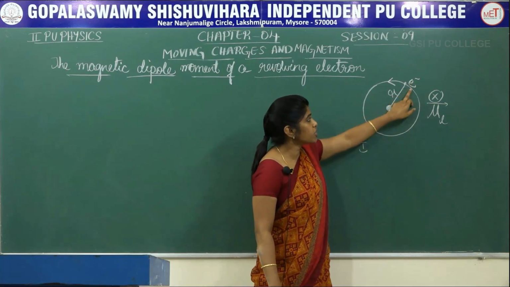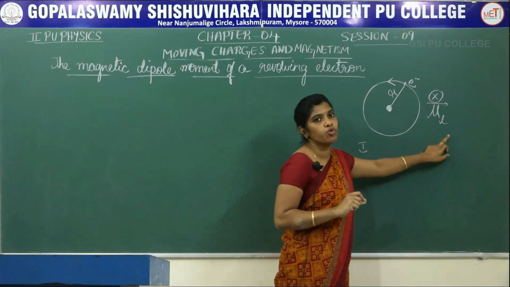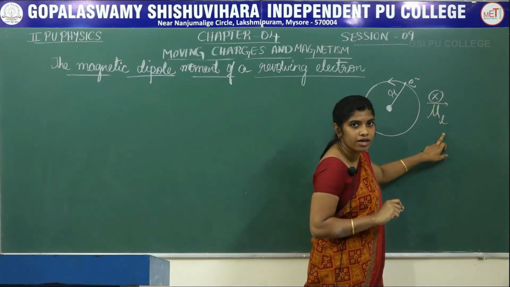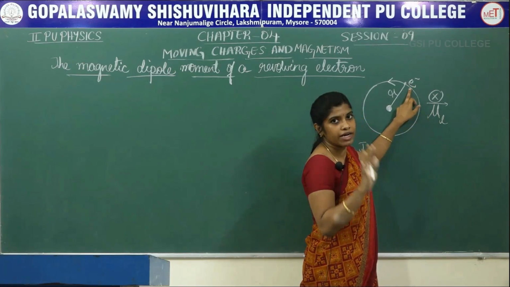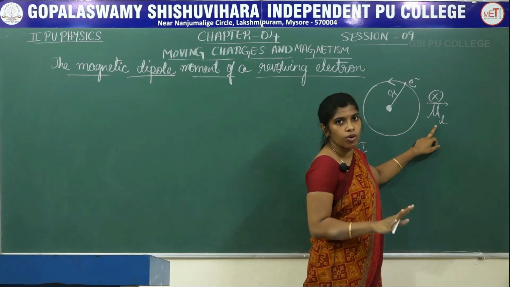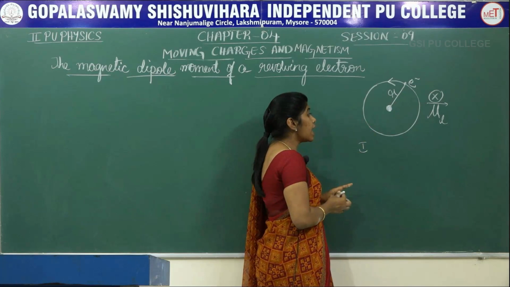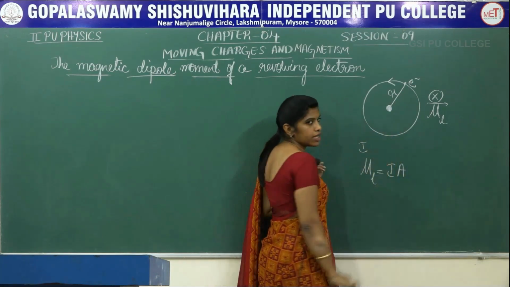Now here I am just going to consider the orbital magnetic moment, which is mu L. So why are we taking the magnetic moment as mu L here? That is because we are considering the electron's orbital magnetic moment, and therefore this is mu L. And the direction of mu L is into, it is inwards, and mu L is equal to I into A.